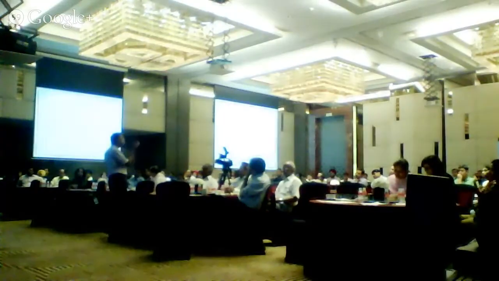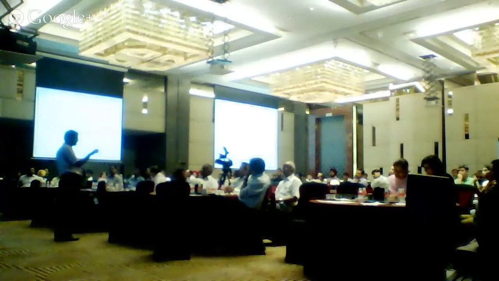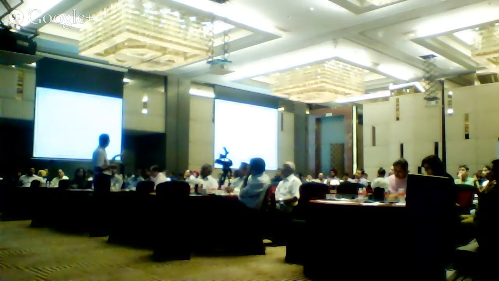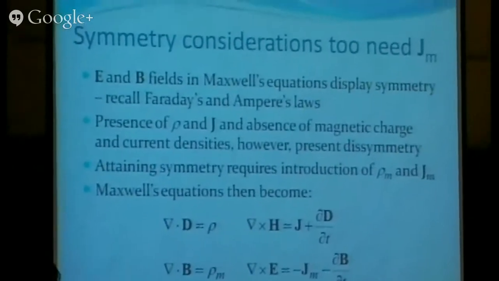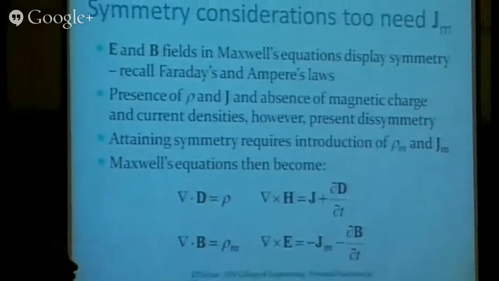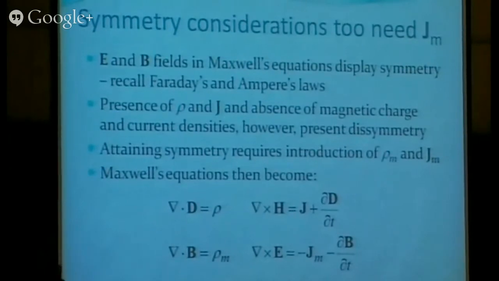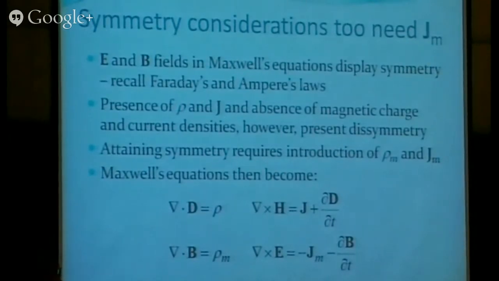But in terms of source, there is dissymmetry in Maxwell's equations, because on the one hand we have divergence of D equal to rho, whereas divergence of B is equal to 0. So it would obviously be more pleasing to have a symmetrical set of equations. Man always looks for symmetry. So from that point of view also, it may be helpful to introduce magnetic charge.